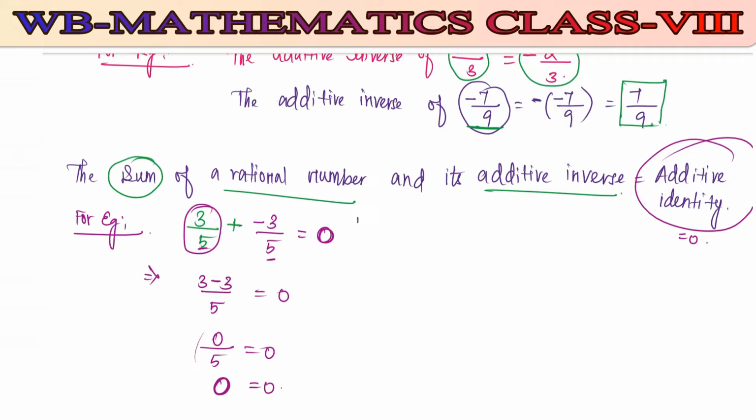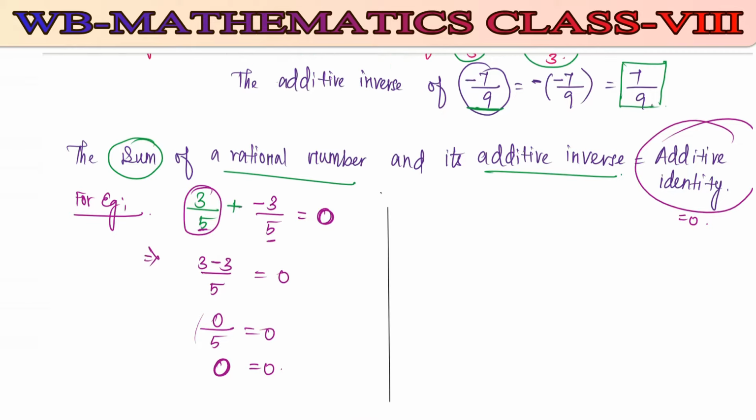Is it clear now? If you take the sum of any rational number and its additive inverse, you are going to get the additive identity. I can take the number here, minus 5 divided by 13, a rational number, and its additive inverse, you just need to change the sign, so we get 5 divided by 13.